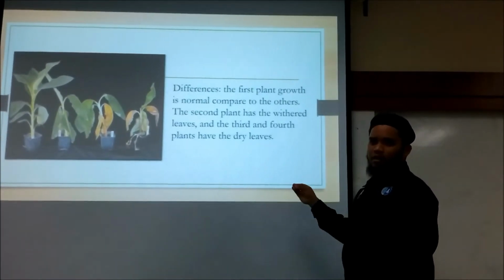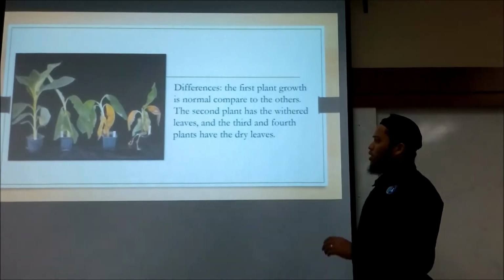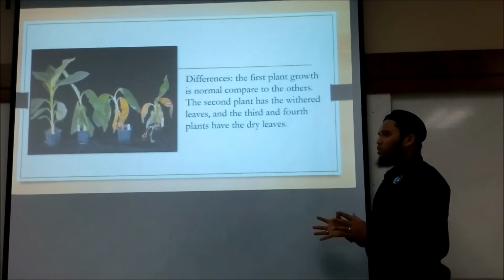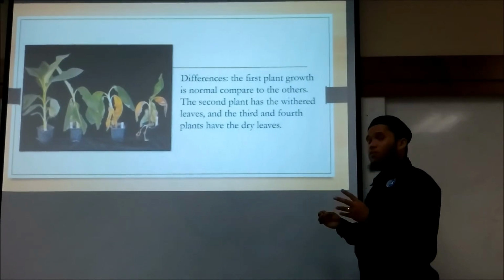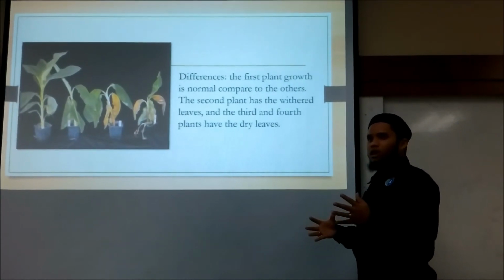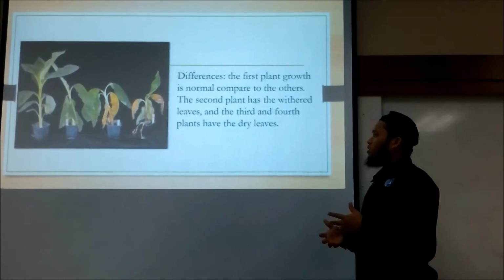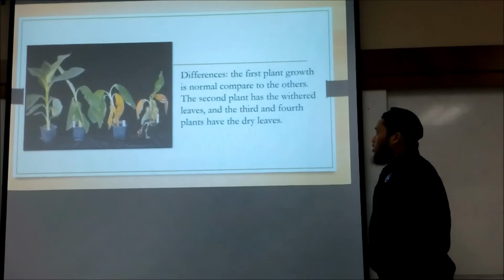The leaves are dry because the plants do not have enough water. So in a certain area we can know the growth rate of the plant, and we can improve the plant's health by supplying enough water, light and space.